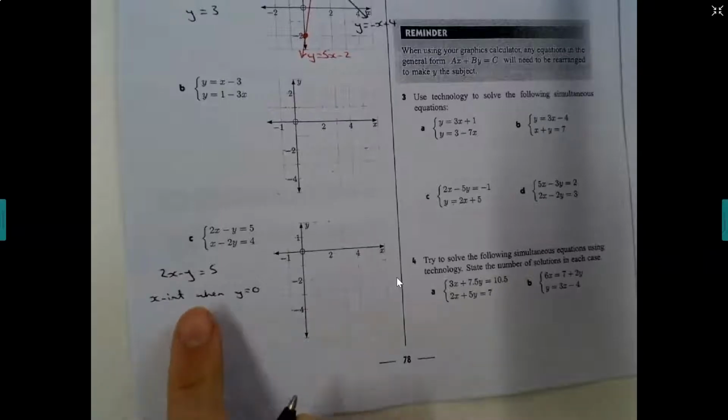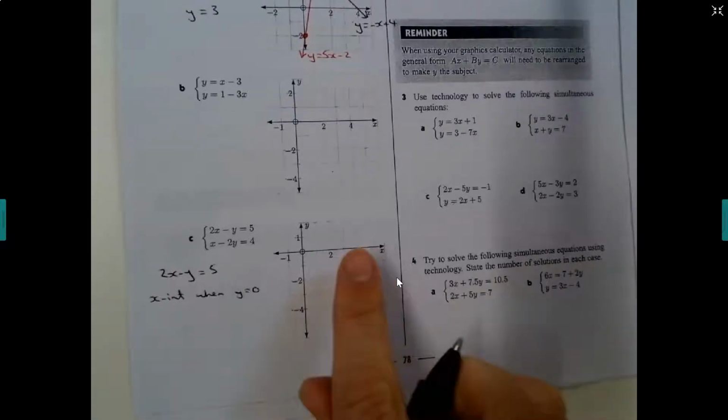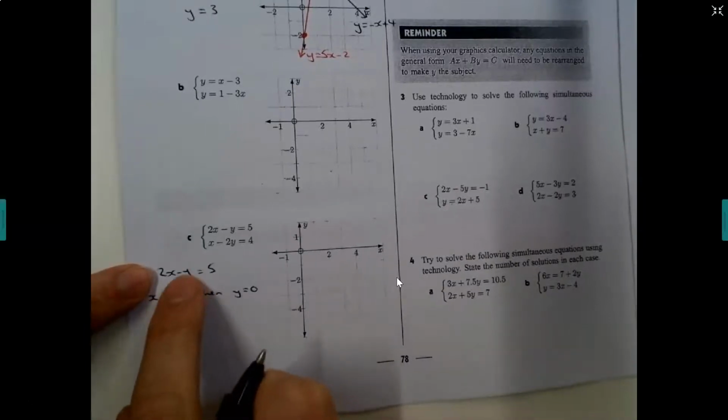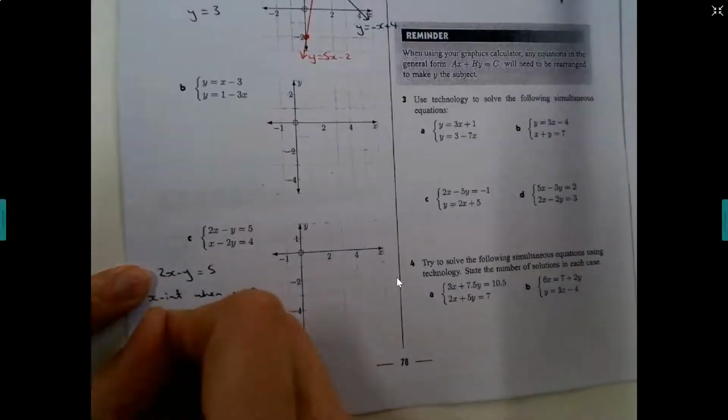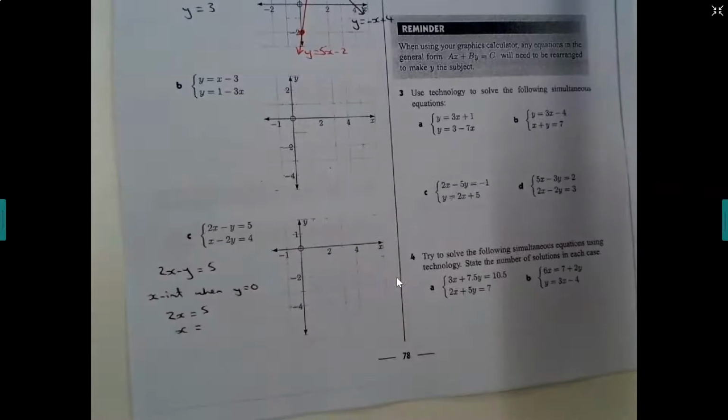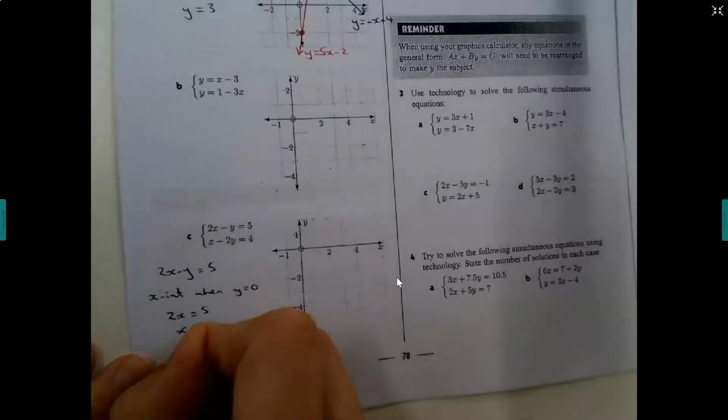Agreed? We'll find our x-intercept when our y value is equal to 0. Then let's substitute that in. So if our y value is 0, then 2x is going to equal 5, and x will therefore be equal to 2.5 or 5 over 2.